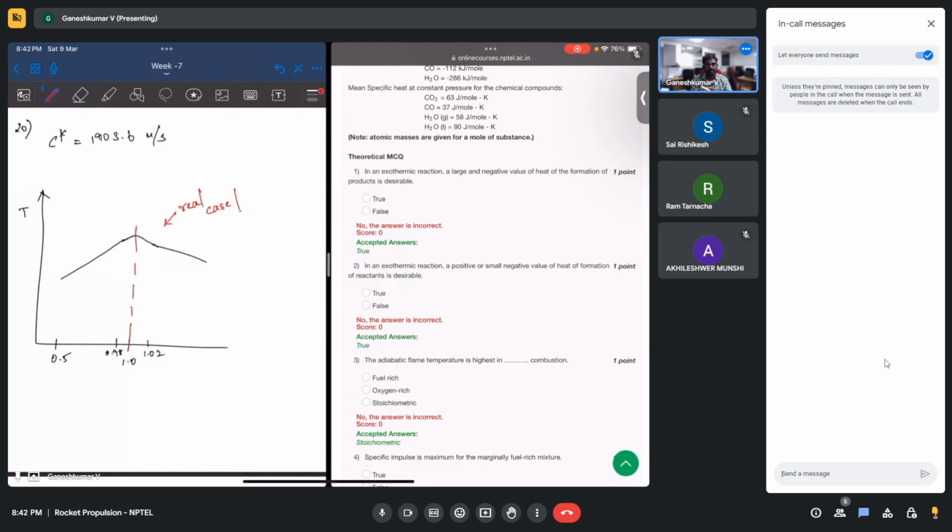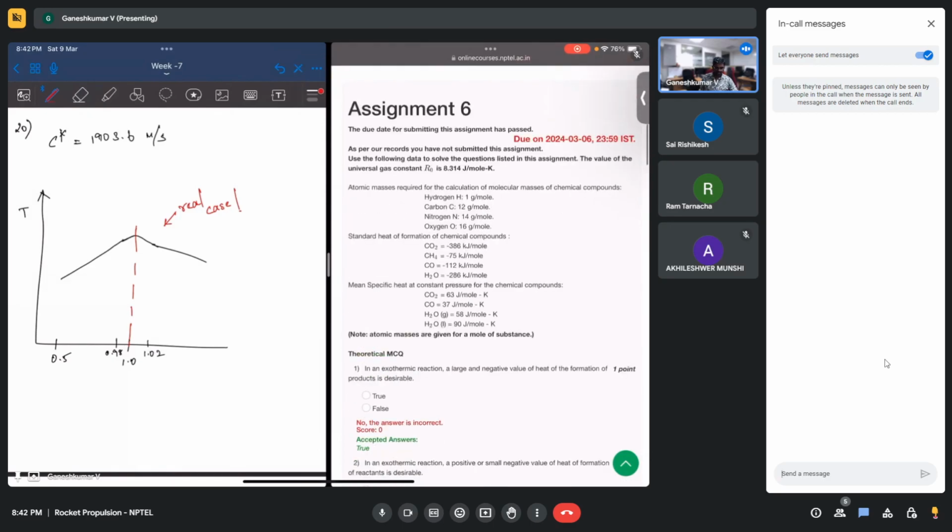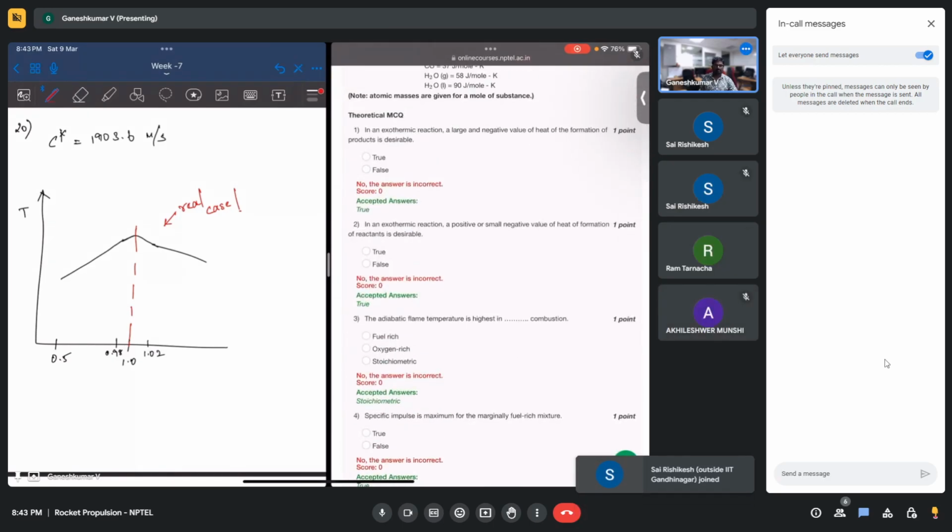The reason it goes off stoichiometric is the high temperatures, dissociation of products, and the CP of the product gases. These might shift your highest point a little, but it almost always remains near the stoichiometric condition. So the professor was giving you some idea that in real scenarios it will not always happen, but within the scope of this assignment, that is what they are trying to say.